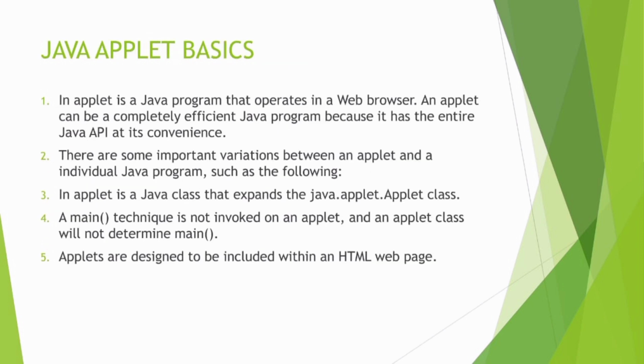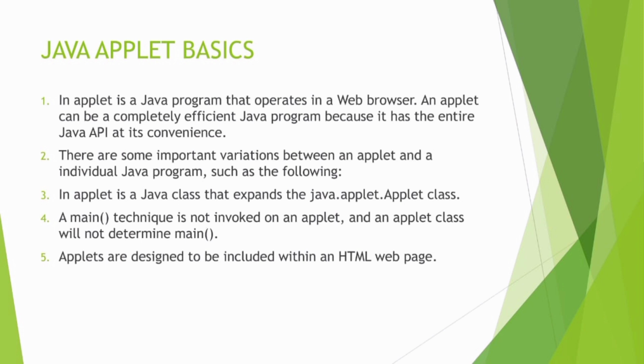Next, Java applet basics. An applet is a Java program that operates in a web browser. An applet can be a completely efficient Java program because it has the entire Java API at its convenience. There are some important differences between an applet and an individual Java program.